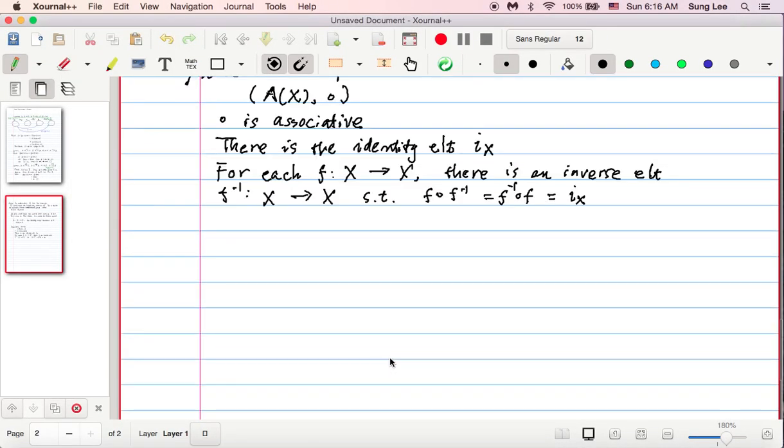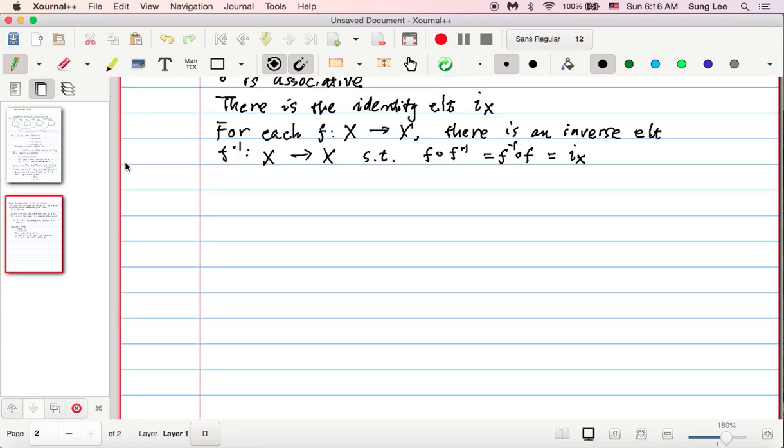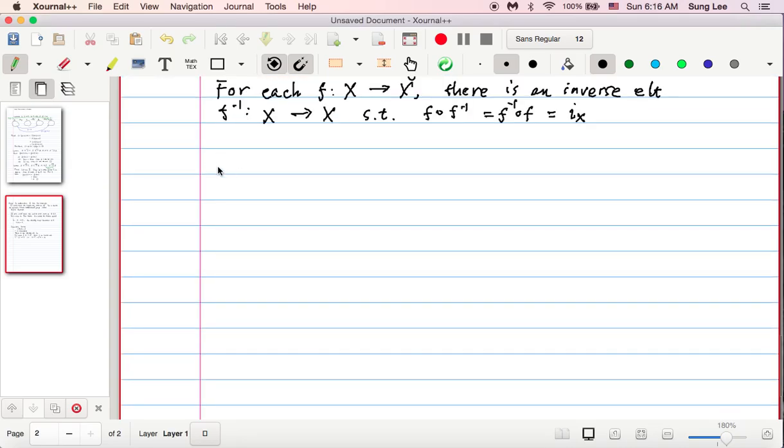The question arises. Let's say that both f and g are functions from x to itself.